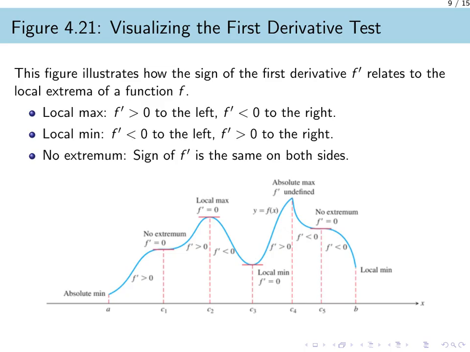It is also possible for the sign of the derivative to be the same on both sides. If f prime is positive on both sides, for example, the function simply pauses before continuing to increase, so there is no extremum. Therefore, a local extremum exists at a critical point only when the first derivative changes its sign.